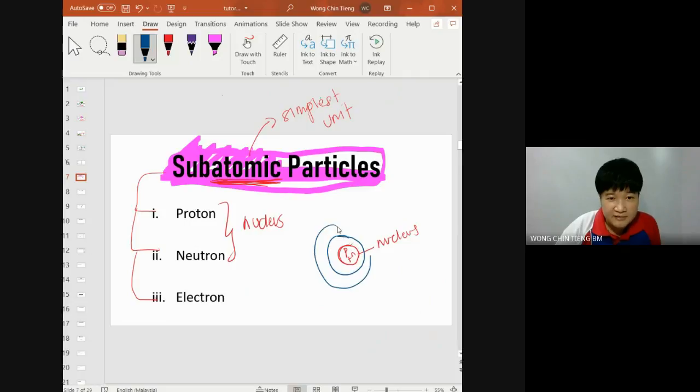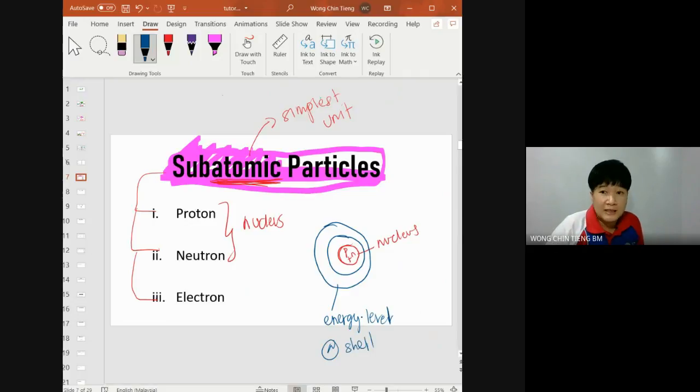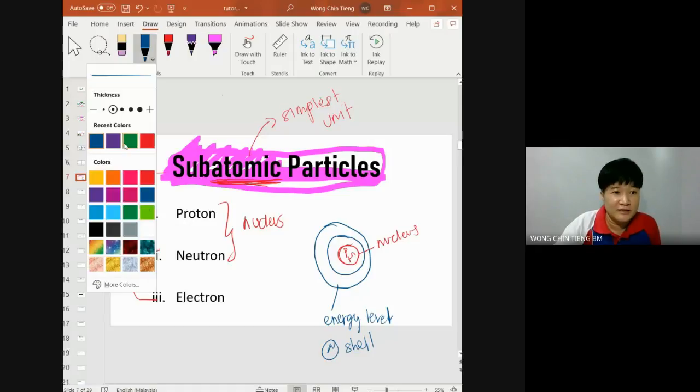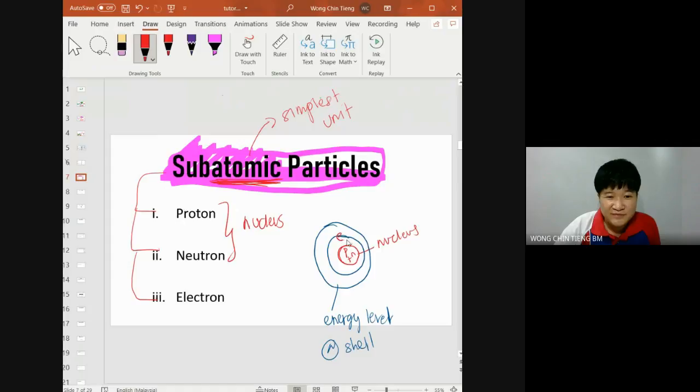Over here, we call energy level. Or we call shell. Alright, bahasa Melayu dia petala, betul? And the only thing that I can draw when I was a student in school is this. Oh, electron duduk sini. Betul?